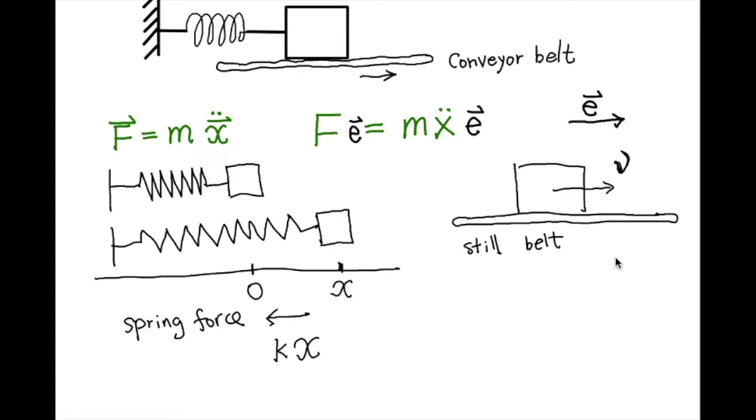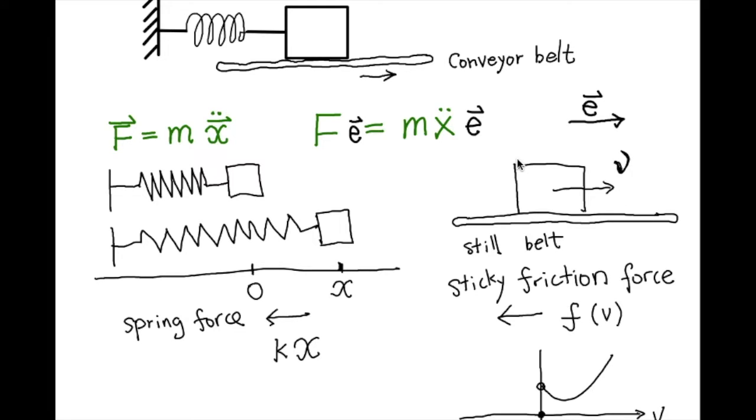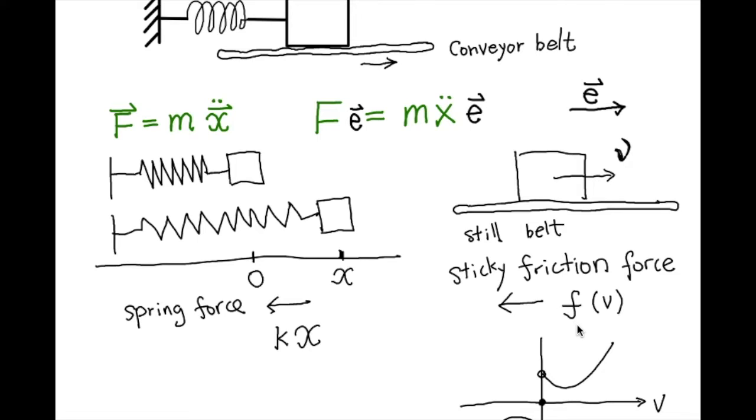For the belt, it works like the following. First, imagine that the belt is not moving, it's still. If the box is moving relative to the belt to the right with velocity v, the box will receive a friction force, called a sticky friction force, to the left, and the magnitude is f of v.